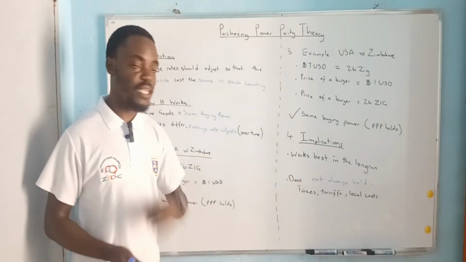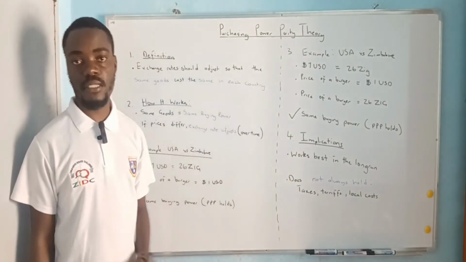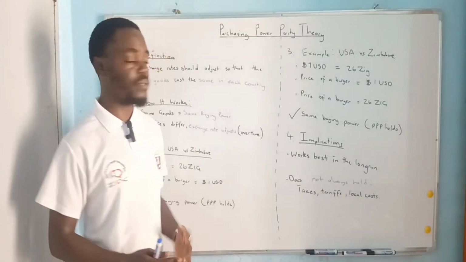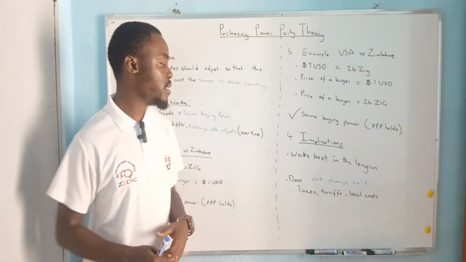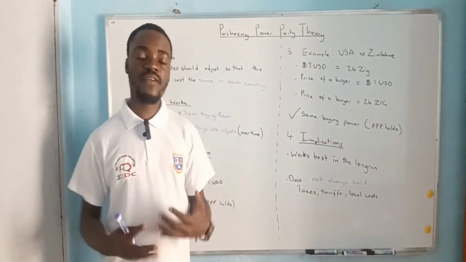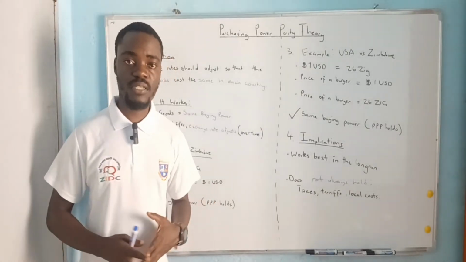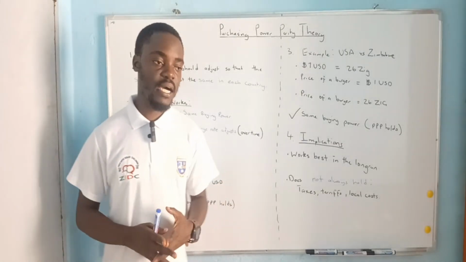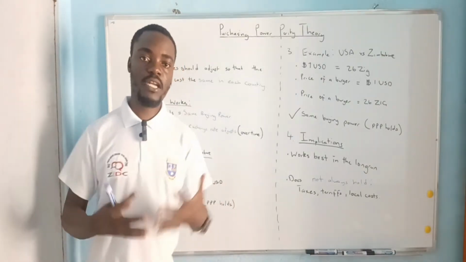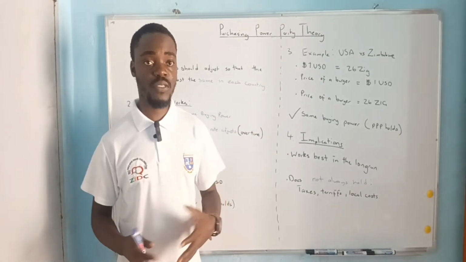Okay, so let's look at the implications of using purchasing power parity theory. What are some of the limitations when we look at this theory from a realistic approach? The first is that it works best in the long run, because different economies have different economic systems, different quality of goods and services produced, and different ways of using the factors of production.